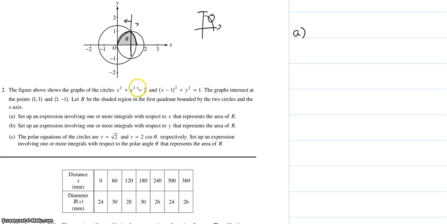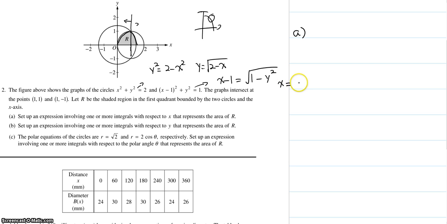Now we have to rewrite this in terms of x, so y squared equals 2 minus x squared. So y is the square root of 2 minus x squared. Same as this one, x minus 1 squared equals 1 minus y squared.